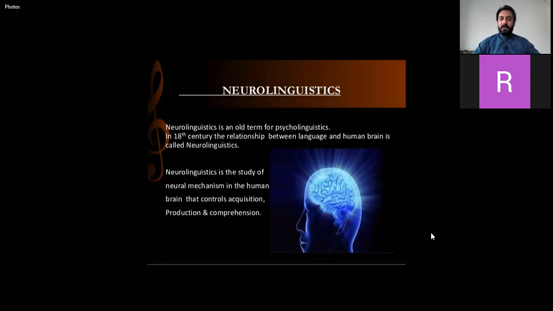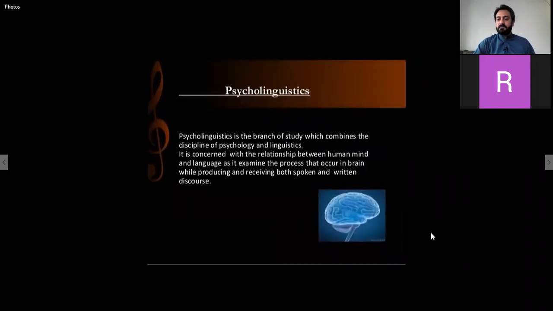Basically, this branch of linguistics studied the neural mechanism in the human brain that was working to understand language, to acquire language, and to produce language. So, neurolinguistics can be called another name of psycholinguistics, as it was an old term.